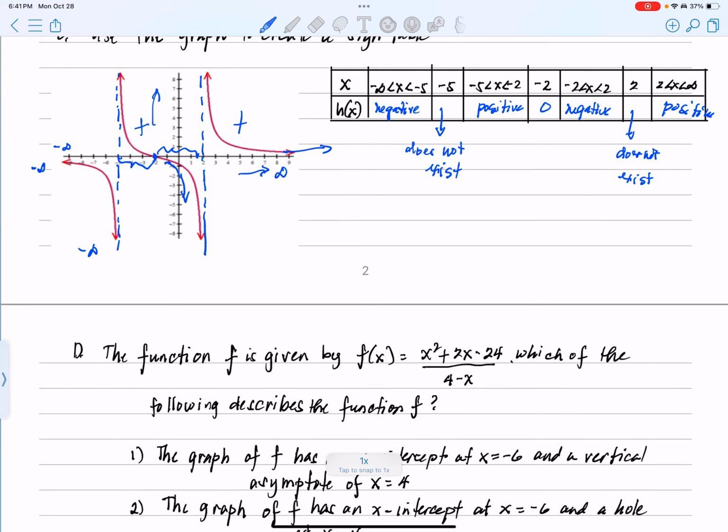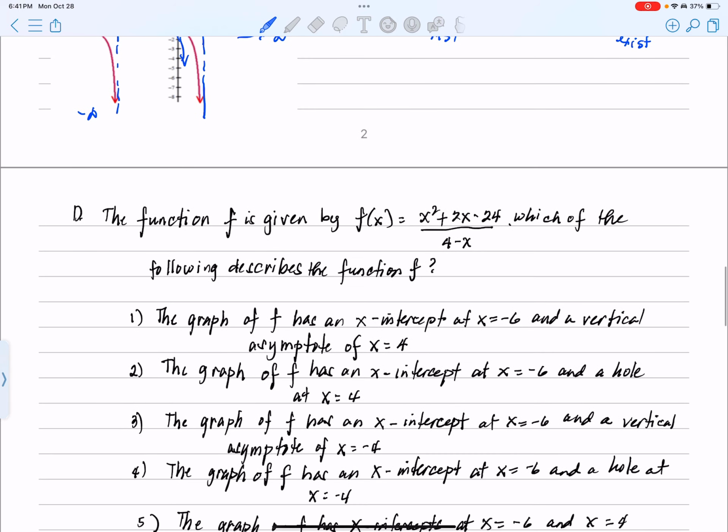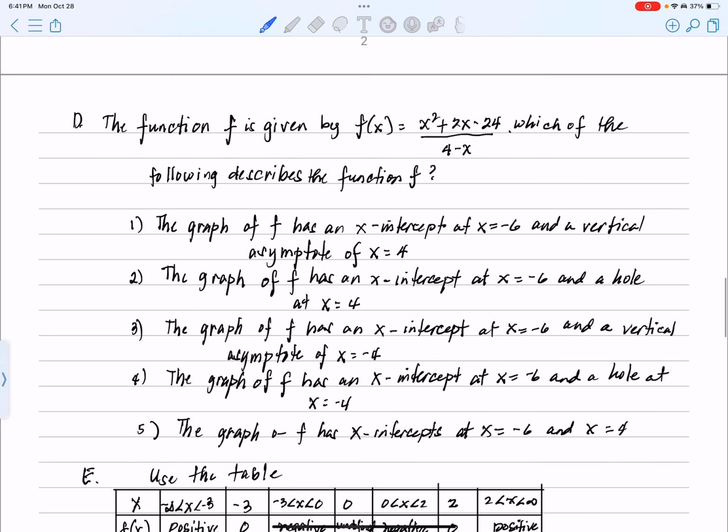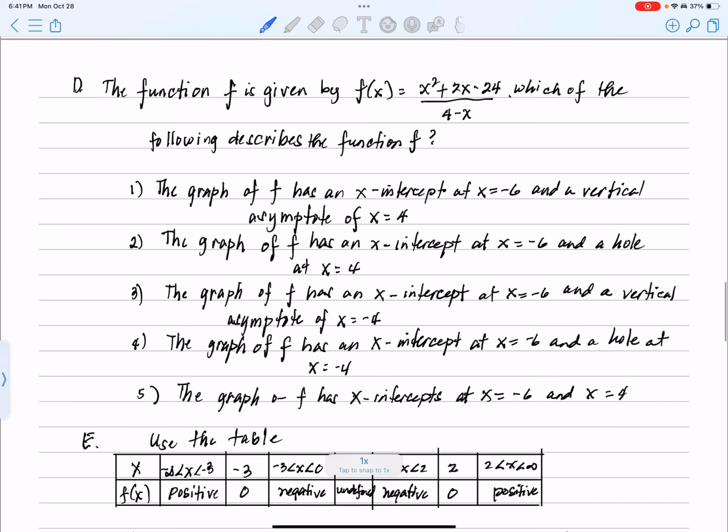We complete the table. The function f is given by f of x equals x squared plus 2x minus 24 over 4 minus x. Which of the following describes the function f? Let's look at this.